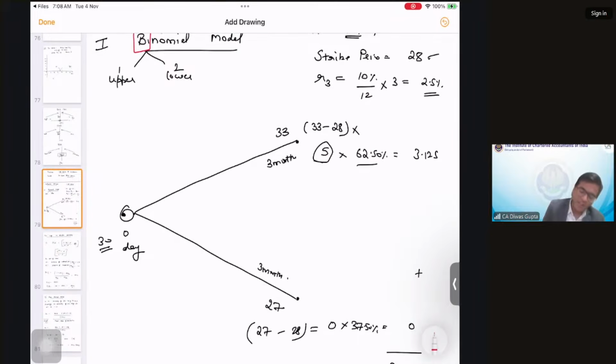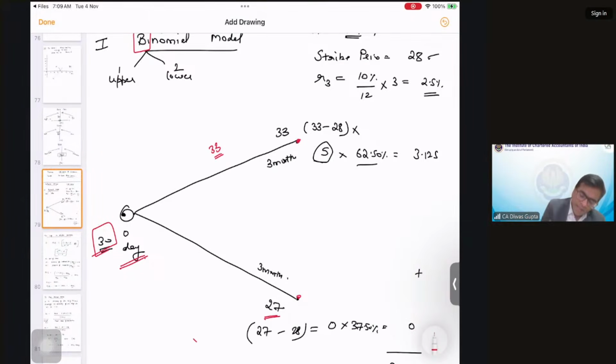For example, we are sitting on the 0th day, and the price here is 30 rupees. Now there are two different possibilities, students. One, the price can go up to 33, or the price can come down to 27.